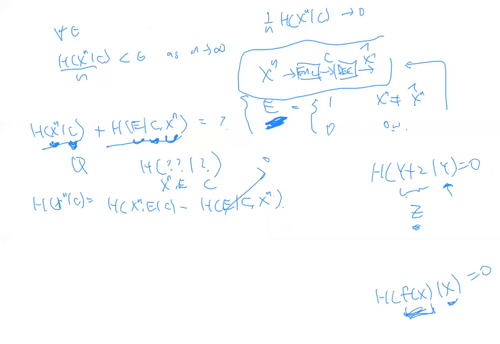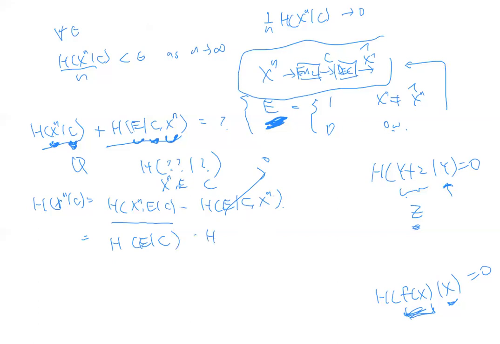And of course, I can expand this another way, right? So this is equal to H(E given C) minus H(E given C, xn). Oh, sorry, let me write better.